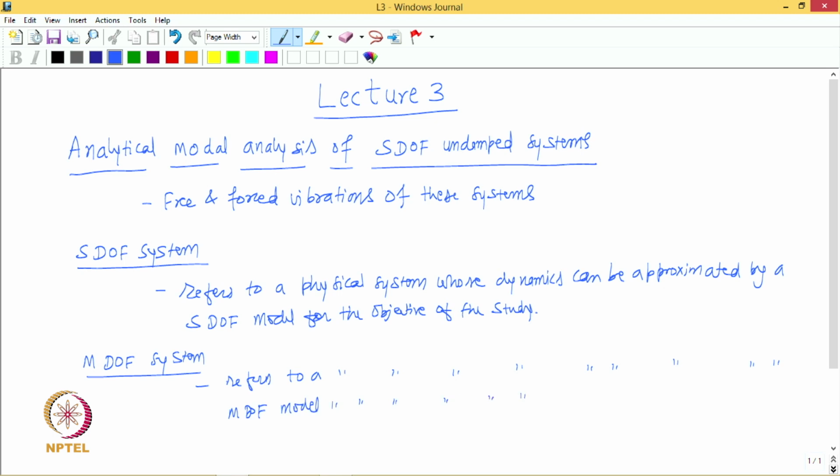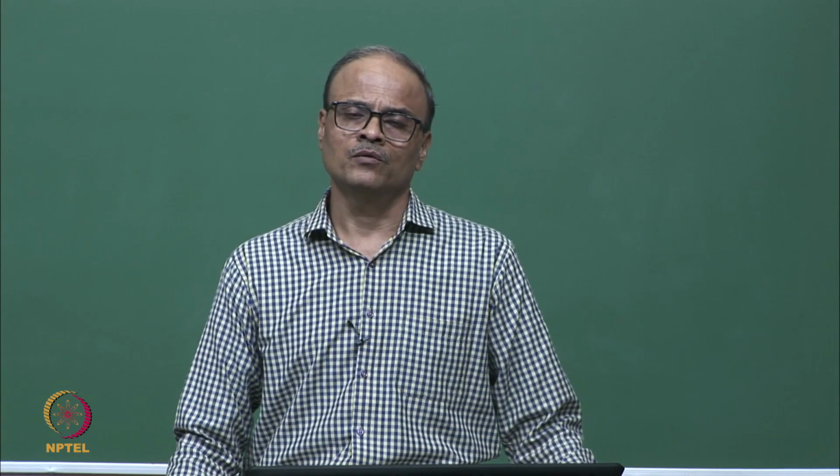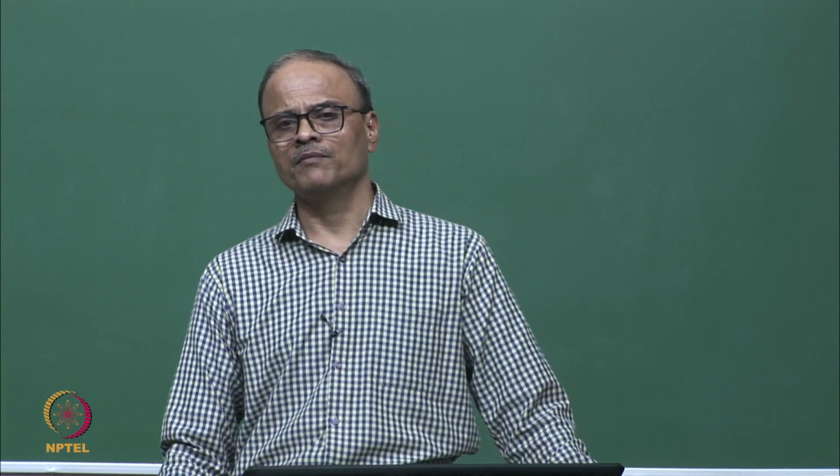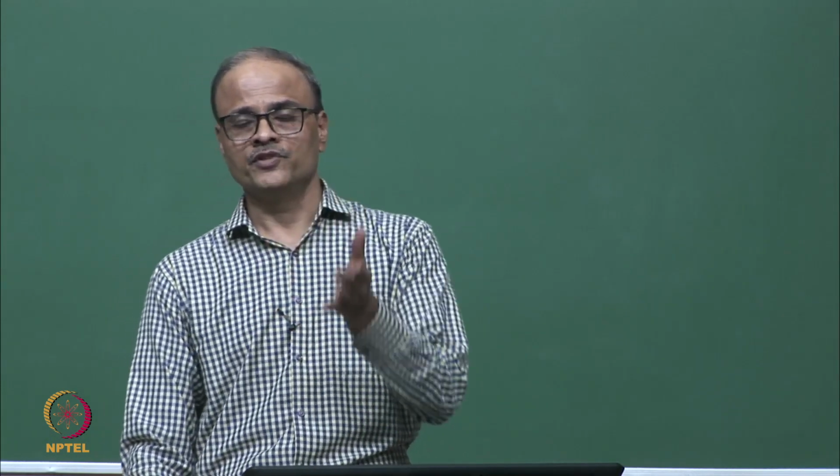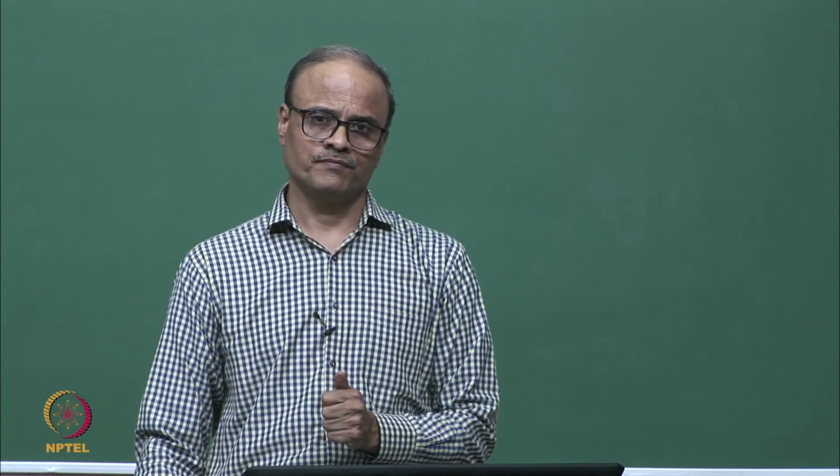So if the dynamics of a physical system which is actually continuous can be represented by a multi degree of freedom model, then for the purpose of that objective we may refer to the physical system as a multi degree of freedom system, right.